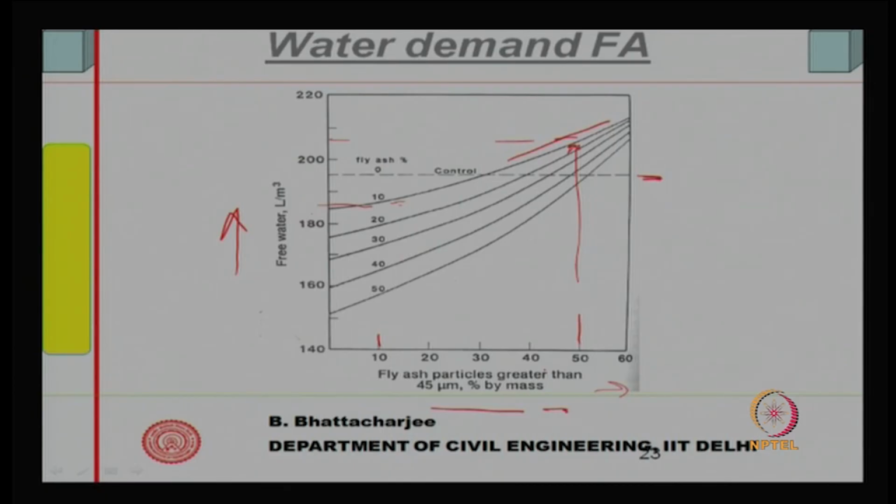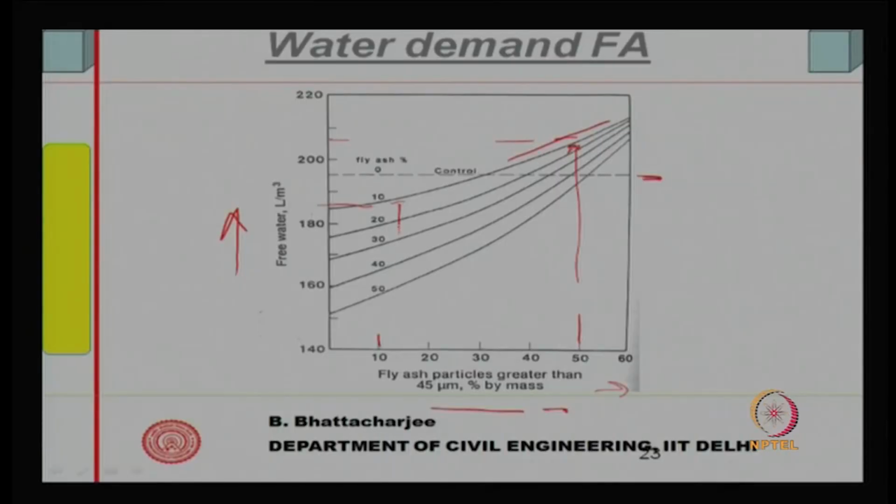So, the finer the particle, or the more particles passing through 45 micron, the less is retained. Retained more means poorer, more water demand; passing more is less water demand. And water demand tends to reduce when you use more and more fly ash. More fly ash, less is the water demand; fine fly ash, less is the water demand.